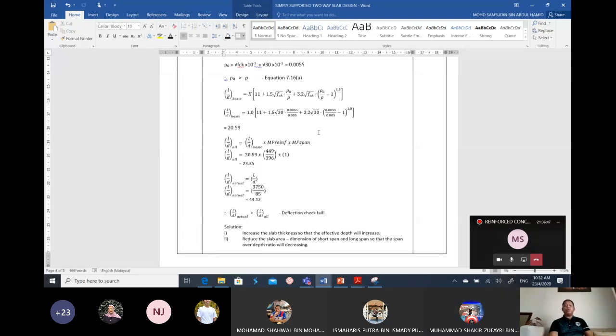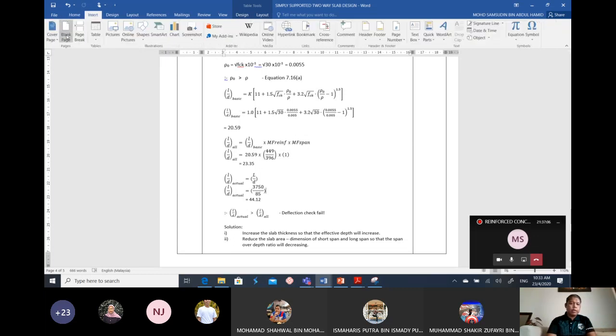So what you have to do, if it still fails although you already increased the slab thickness, because the slab area may be too big, we can reduce the slab area. For example, I can input the solution here.